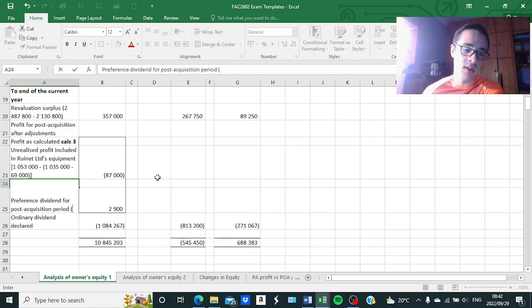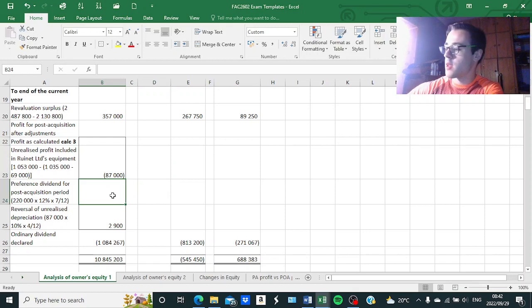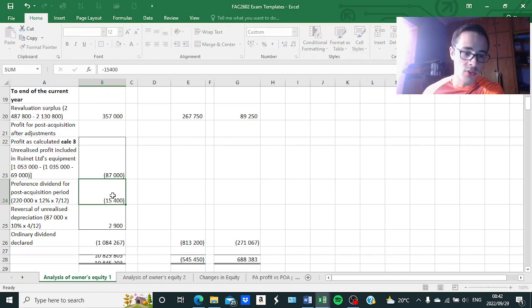So we will take the amount of 220,000, which is the value of preference share capital for the subsidiary. We'll multiply that by 12%, because that is the dividend rate, and we will multiply that by 7/12, because the post-acquisition period consists of a period of 7 months. And you should arrive at an amount of 15,400.